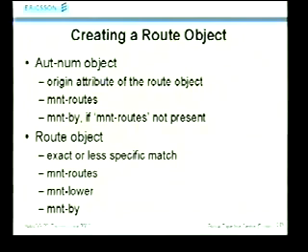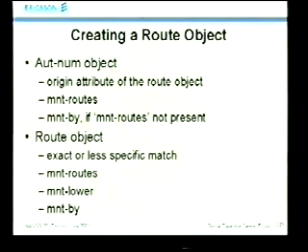I'll go through this process a second time as well. The route object. So you're trying to create a new route object, and you have your address prefix range, and you say origin somebody's aut-num object. The first thing that they check is, does this person have the authority to create a route object originated by this autonomous system? That's checked by looking at this MNT routes attribute. If it's not present, looking at MNT by.